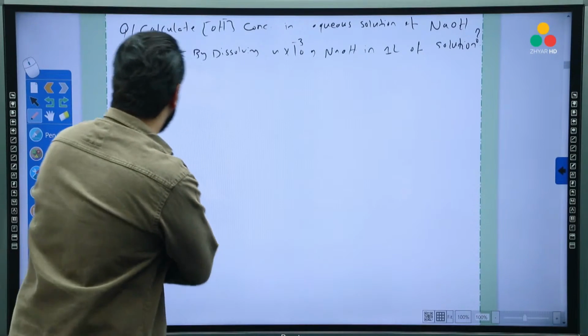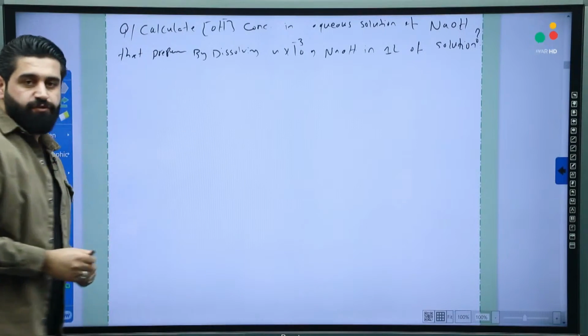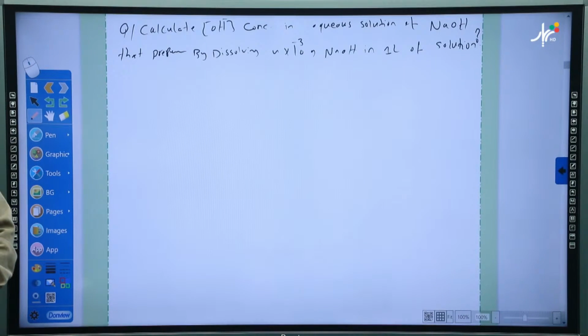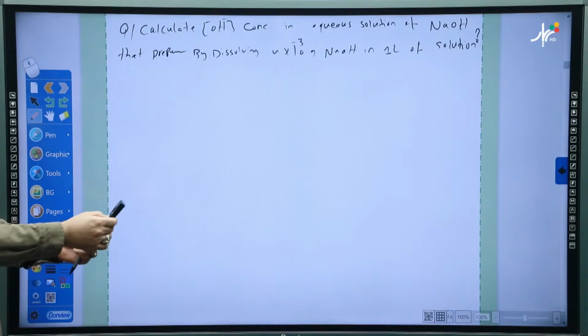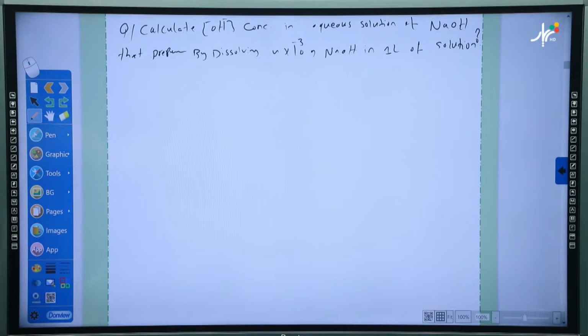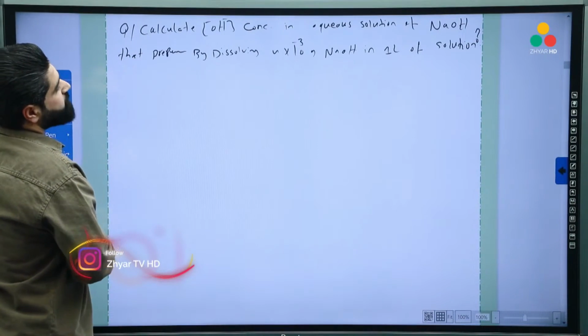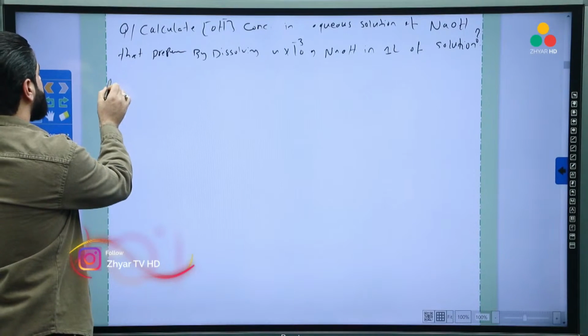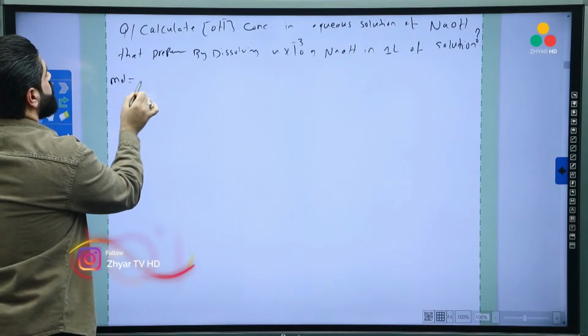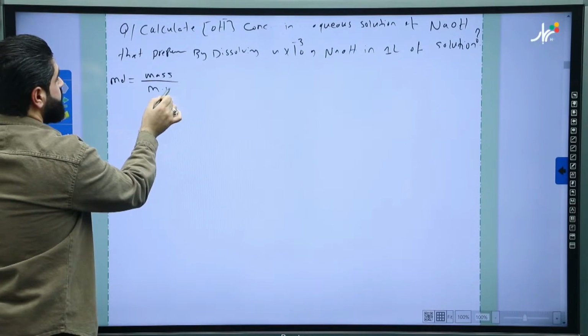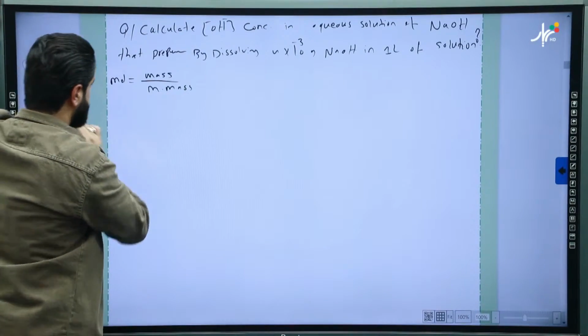Well, we have grams, so we have to change the number of grams into moles. Fortunately we have a calculator here. Firstly, we have to get the number of moles. Moles equals mass over molar mass, right?